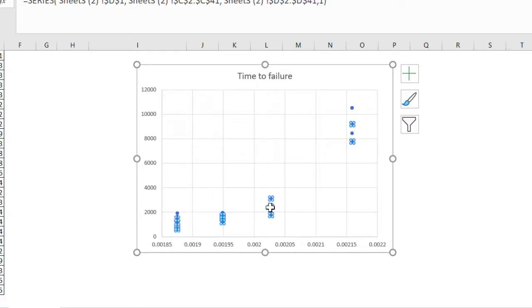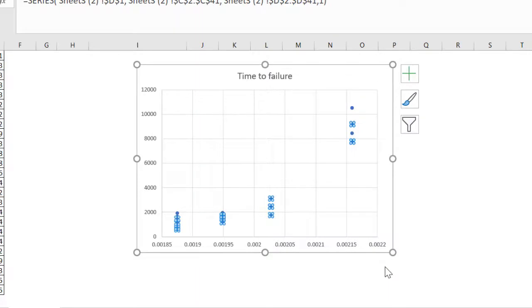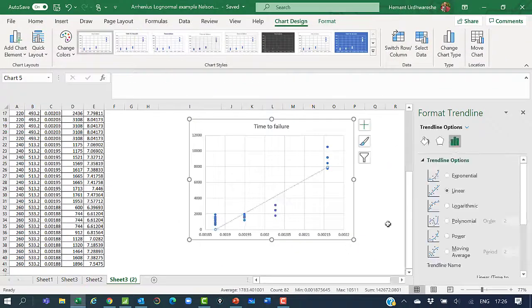Now I can insert a trend line here by right clicking, do the right click on mouse and say add trend line. And now I select exponential, not linear. We have not converted the data into logarithm.